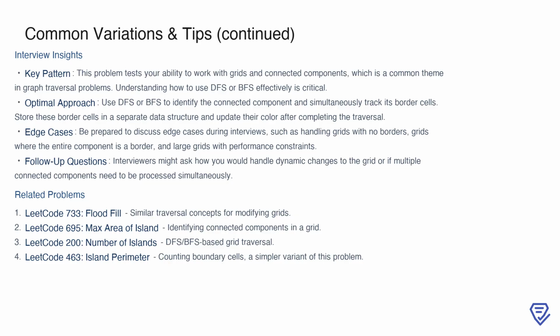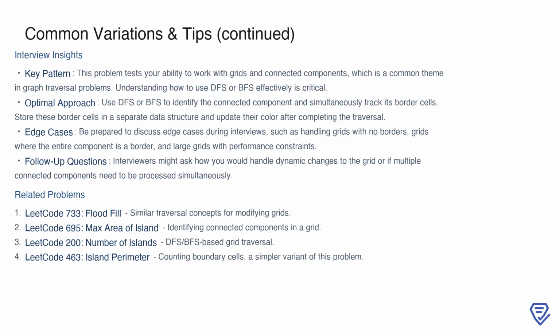By storing the border cells in a separate data structure and updating their color only after completing the traversal, you ensure correctness and efficiency. Interviewers often expect you to discuss edge cases, such as grids where no borders exist, entire components that act as borders, or handling performance constraints in large grids. These discussions demonstrate your problem-solving depth and thoroughness.